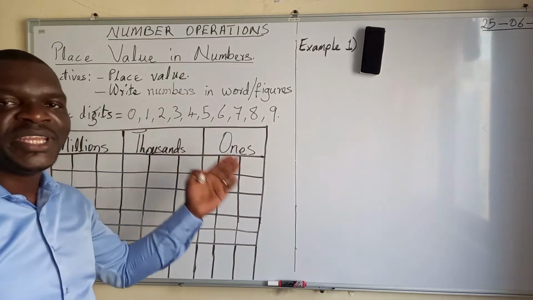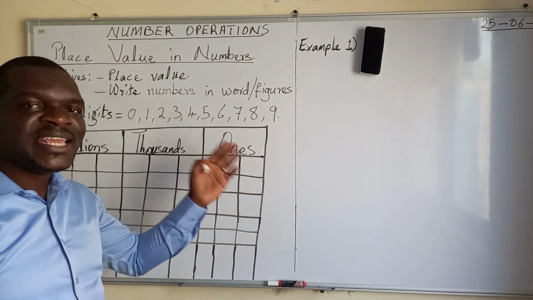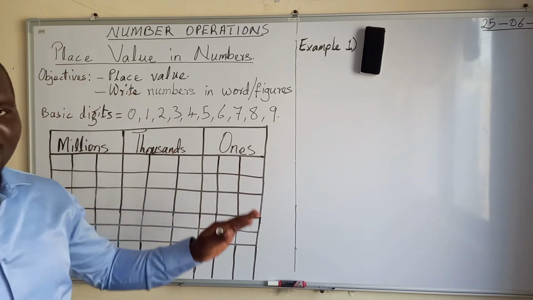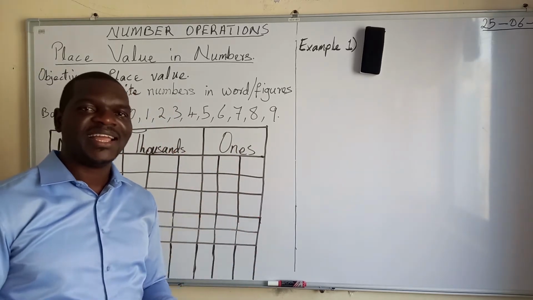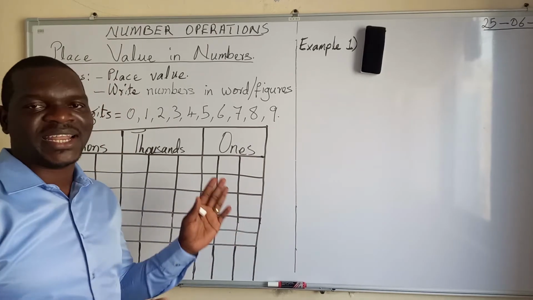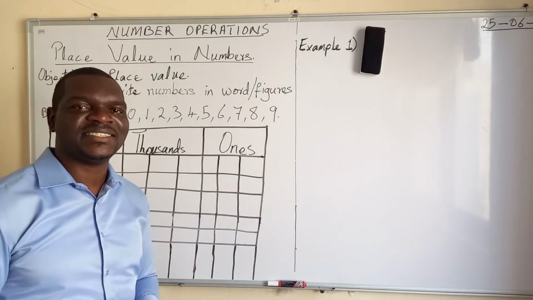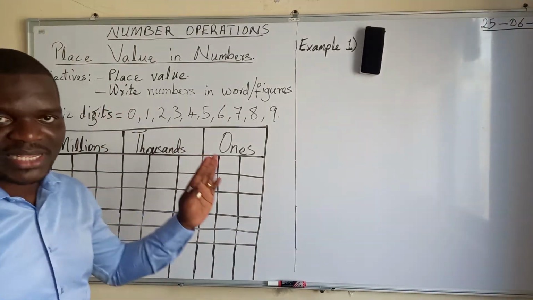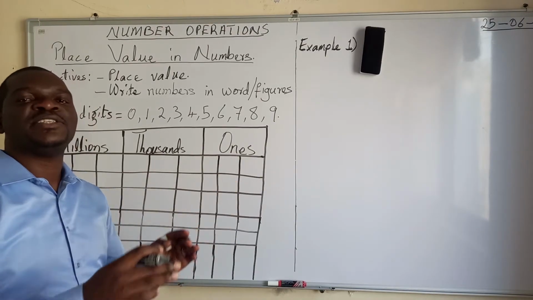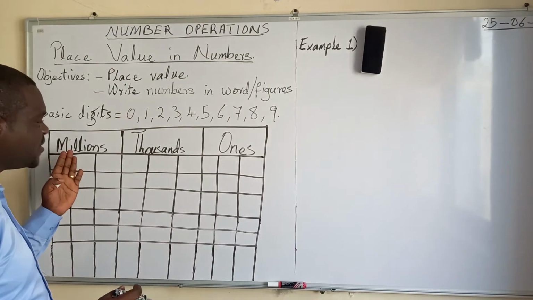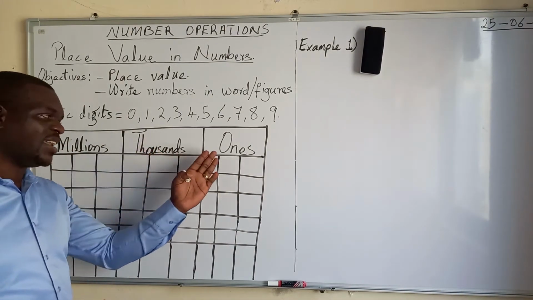How can you read or identify the place value of a digit in a number? We're going to use this table to demonstrate the easiest possible ways in which we can identify the place value of digits. First, there is this you have to know. Numbers are categorized into 3 sets, and these sets are millions, thousands, and ones.